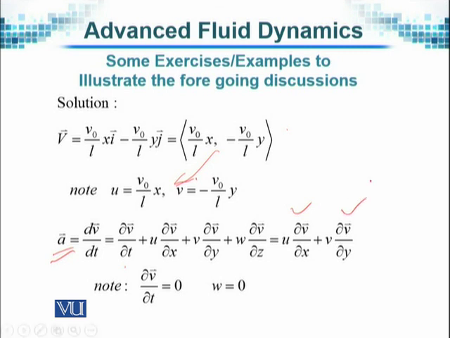There is no t occurring on the right hand side of the velocity vector, so the partial derivative of V with respect to time will be 0, and w is equal to 0.